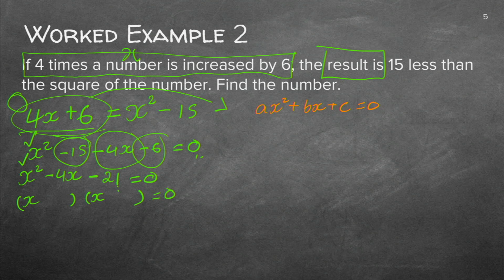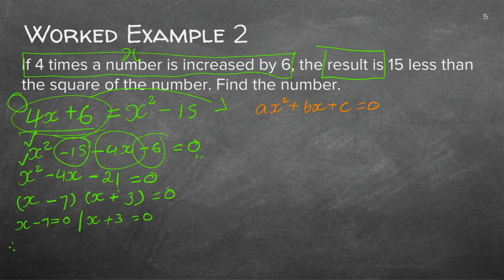Factors of the last term, such that when you add or subtract them, they must give you negative 4. So 7 times 3 gives you 21, and also negative 7 plus 3 gives you negative 4. So we are good. Now you take the first part and say x minus 7 equals 0, and the second solution says x plus 3 equals 0.